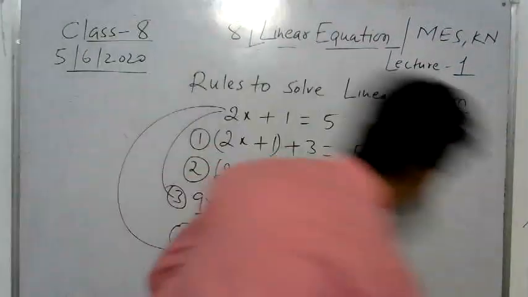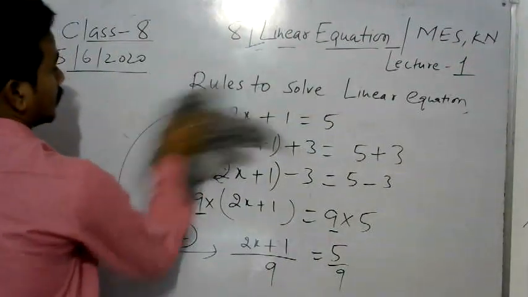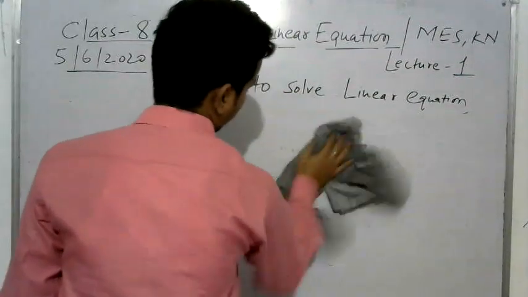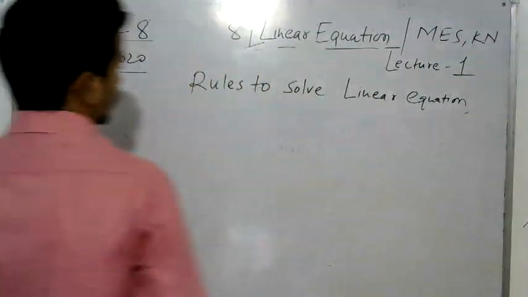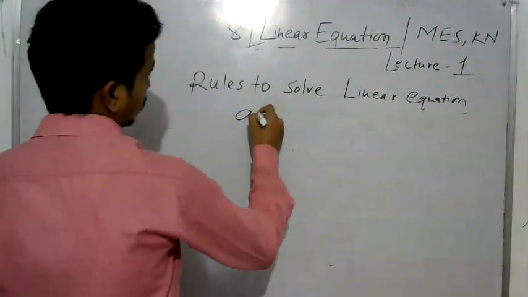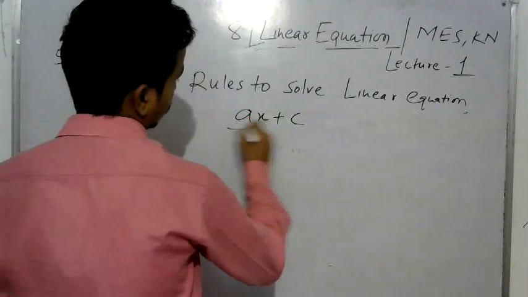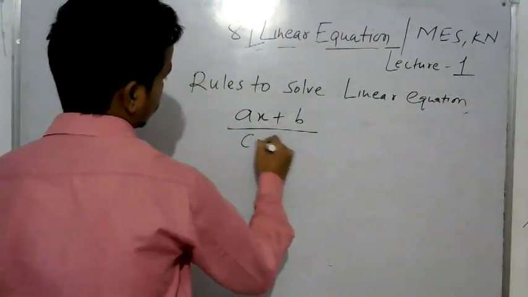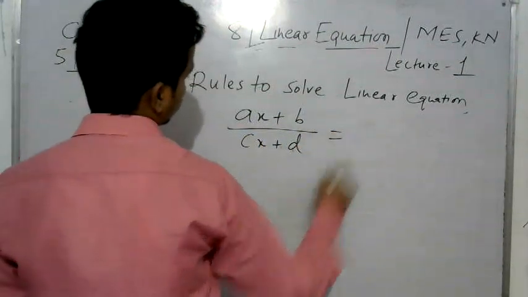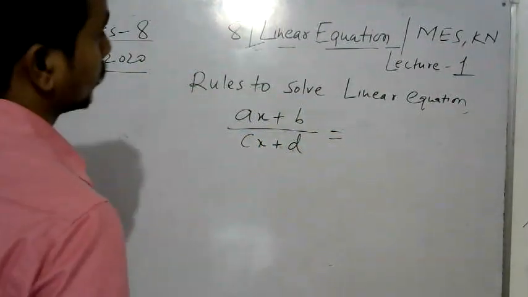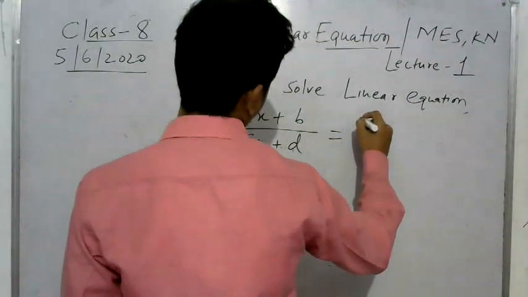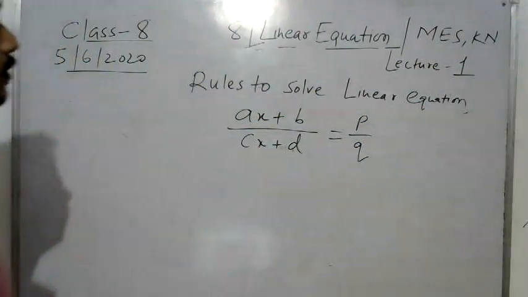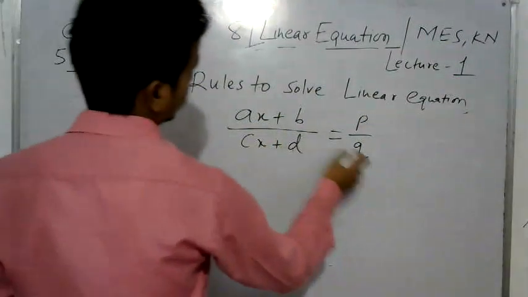Now the next rule is called cross multiplication. Suppose a linear equation is in this form: (ax plus b) divided by (cx plus d) equals p by q, then you can multiply it.